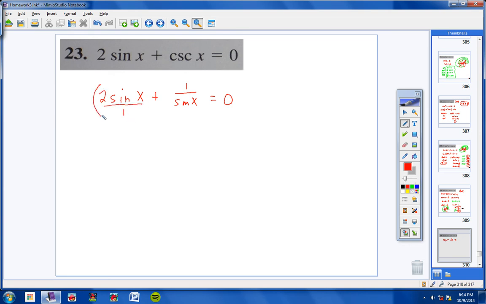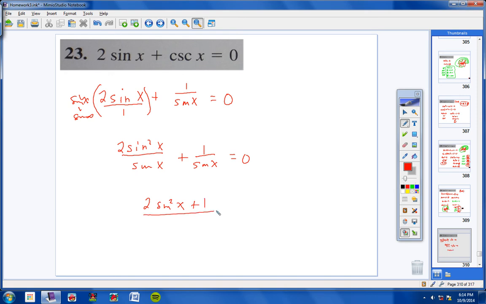I want to get a common denominator, so I multiply the top and the bottom of this fraction by sine and sine, and when I do that I get 2 sine squared x, plus, or excuse me, 2 sine squared x over sine, plus 1 over sine x, okay, which is the exact same thing as 2 sine squared x plus 1 all over sine x.